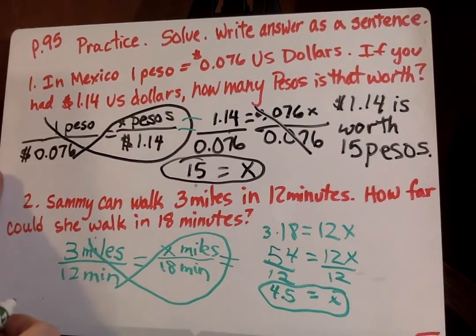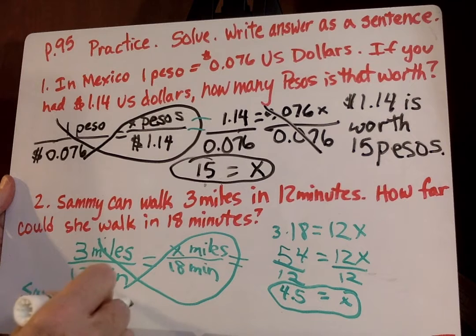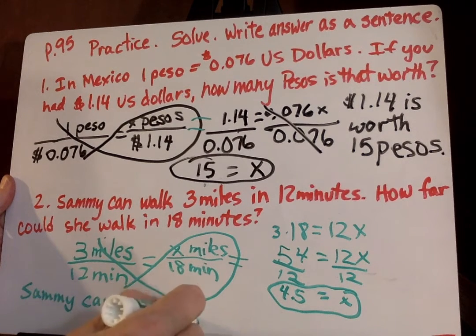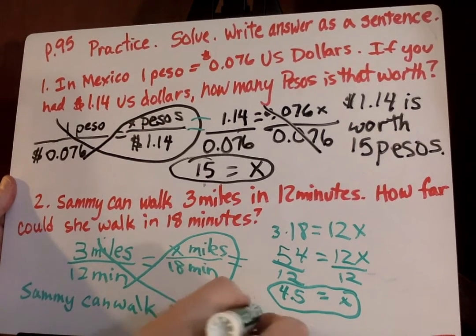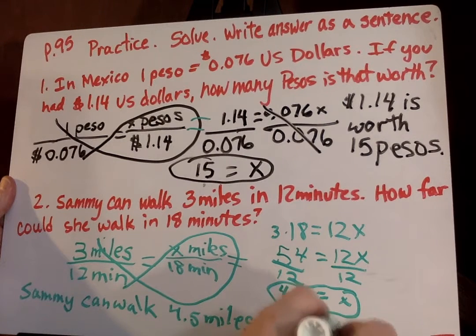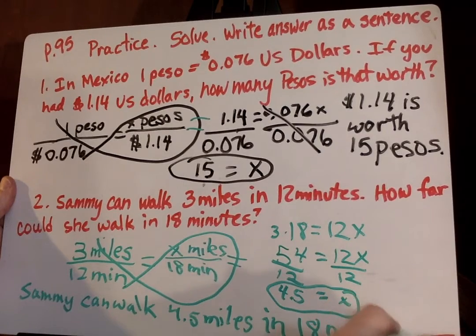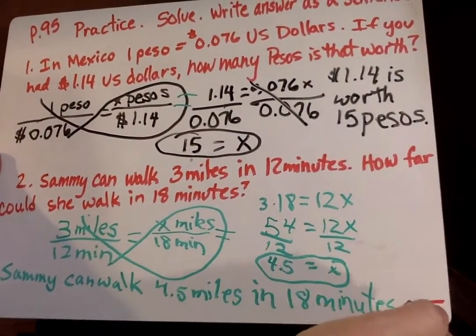Okay, so our sentence is going to be: Sammy can walk 4.5 miles in 18 minutes. And there you go.